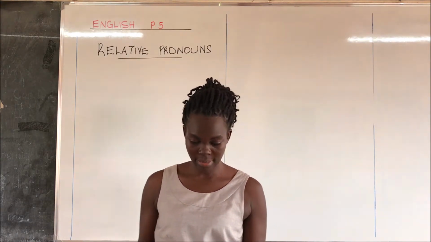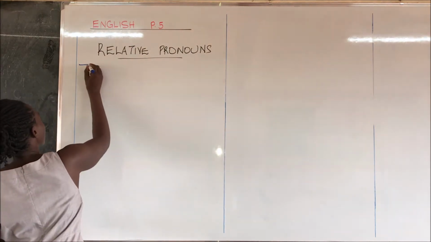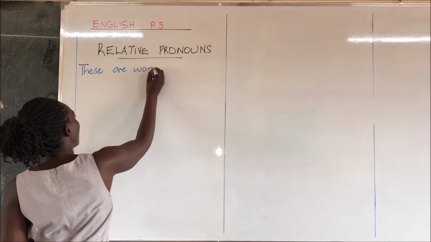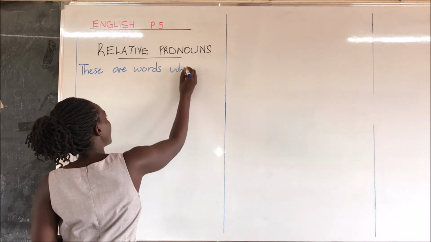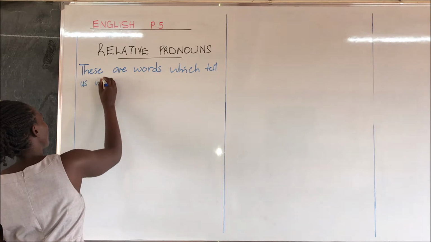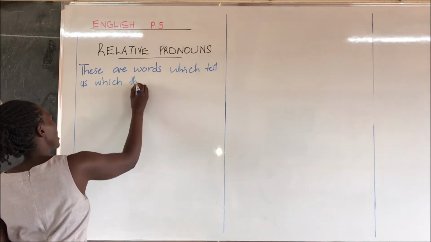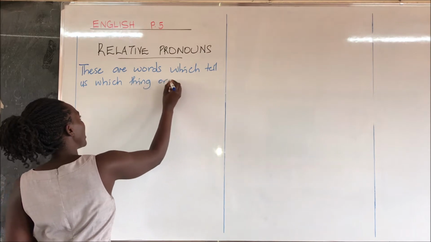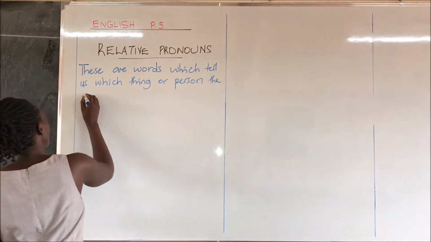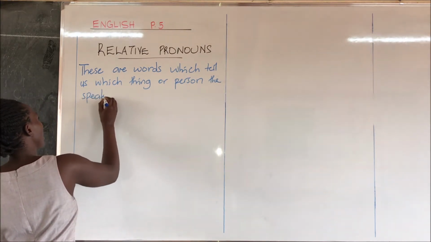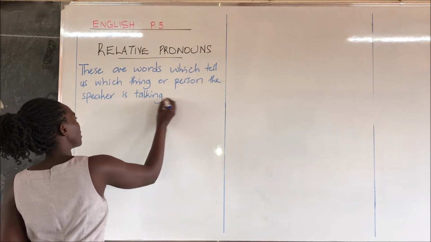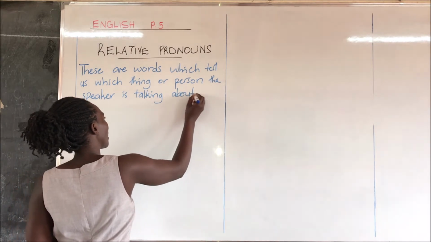So we are going to write and say, these are words which tell us which thing or person the speaker is talking about. Okay.